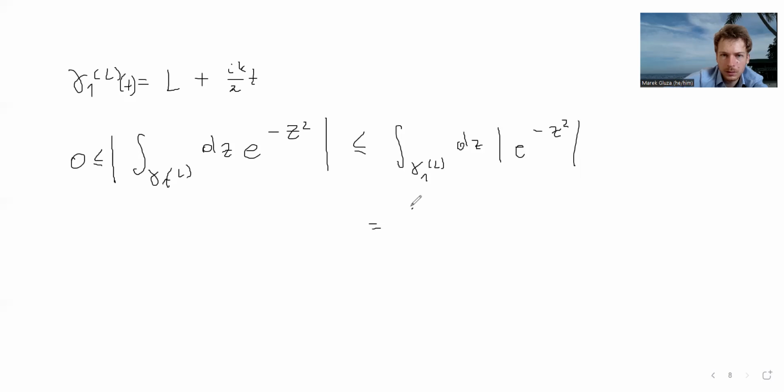But this is just an integral over the path where this is changing. So I can integrate dt, and this ik will go away. But e^(-z^2) has modulus e^(-L^2). And this interval that I'm integrating over, basically this becomes a constant. So let me do it correctly.